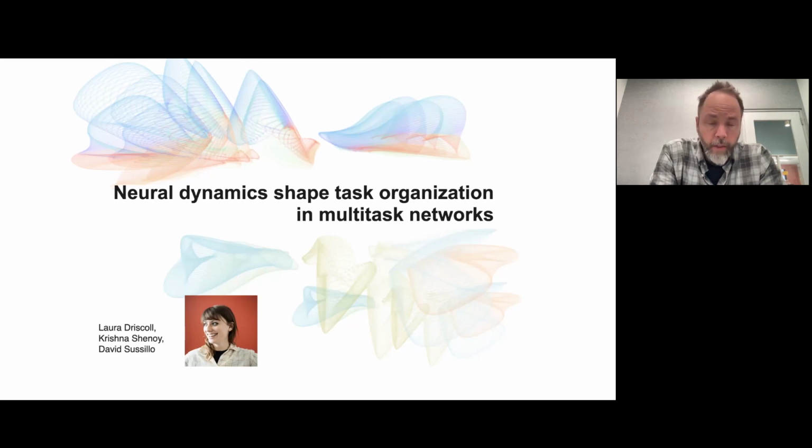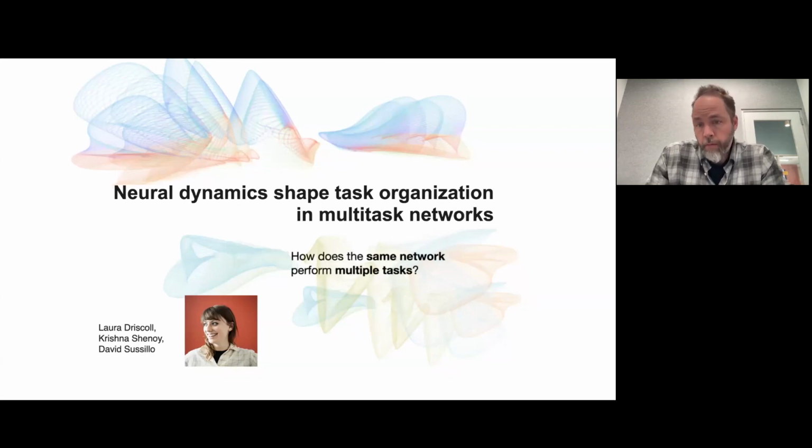This is also in collaboration with my longtime collaborator, Krishna Shenoy. We want to know how a network performs multiple tasks. By the way, there's no biological data in this talk, just so everybody knows. This is just pure modeling effort, but I hope that it at least delineates some ideas that may be helpful going forward.